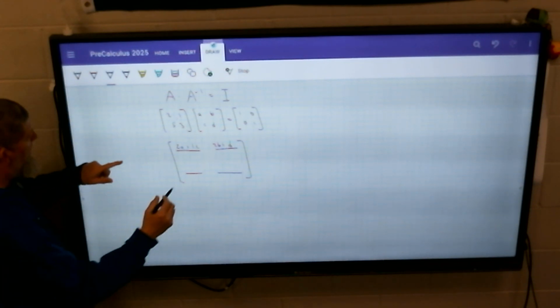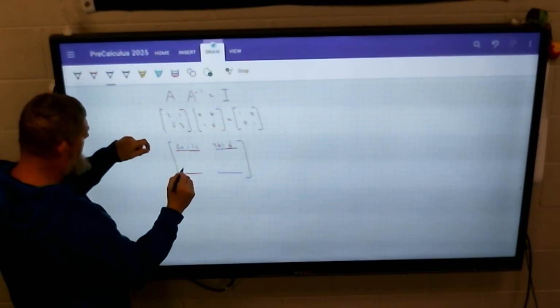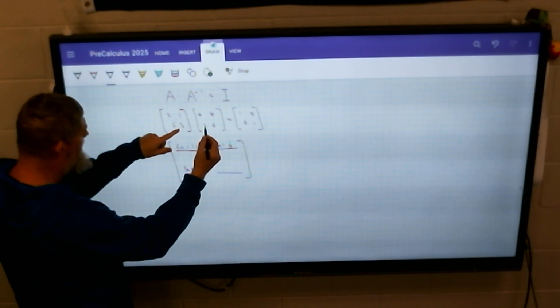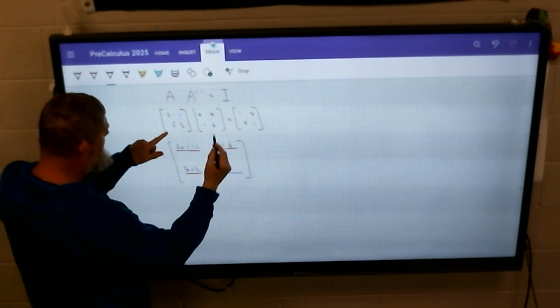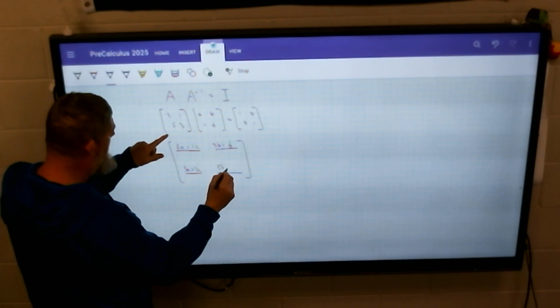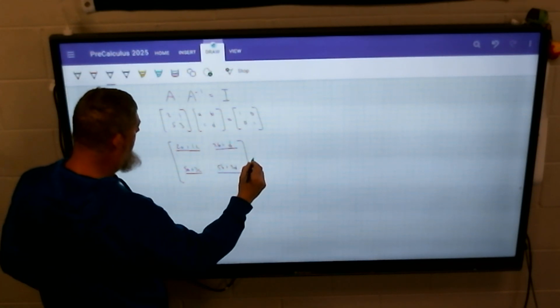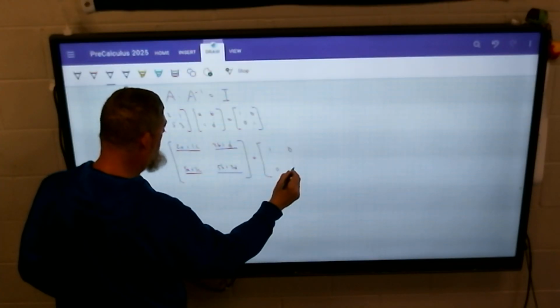Then row 2, I get 5A plus, move over, move down, 3C. And then I have 5B plus 3B. Now I know that that's going to be equal to 1, 0, 0, 1.